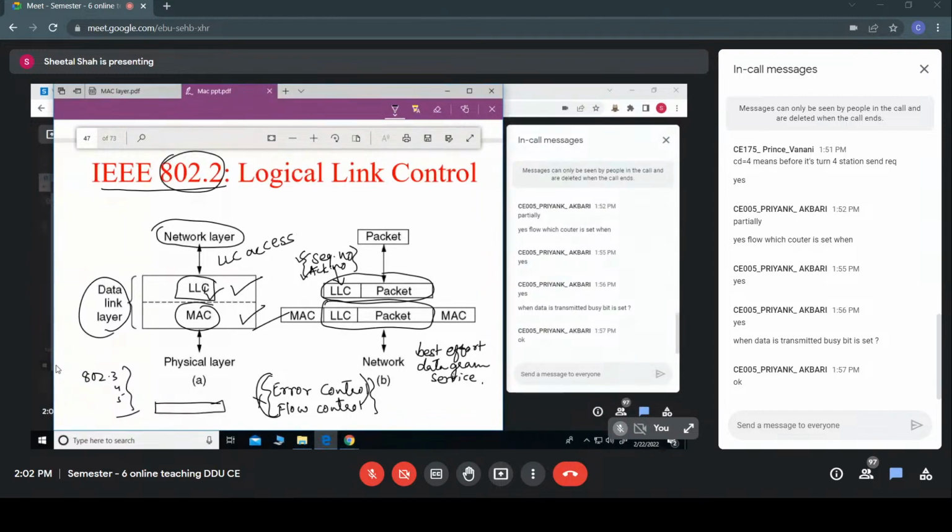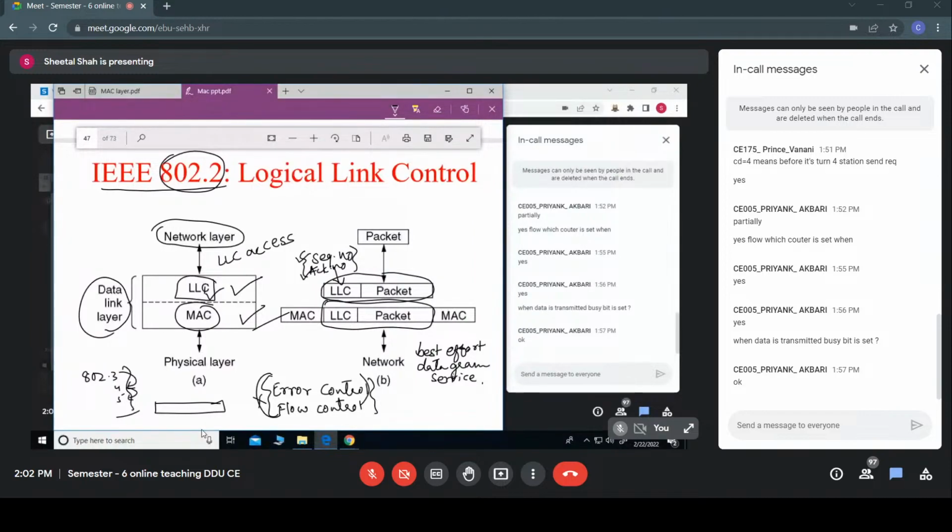You might have seen the frame structure of 802.3, that is Ethernet, but the frame structure meant for Ethernet may not be the same for 802.4. It may not be the same for 802.5 and so on.